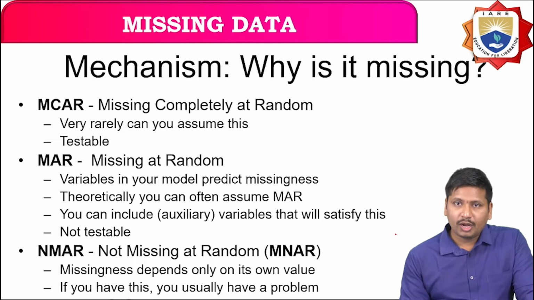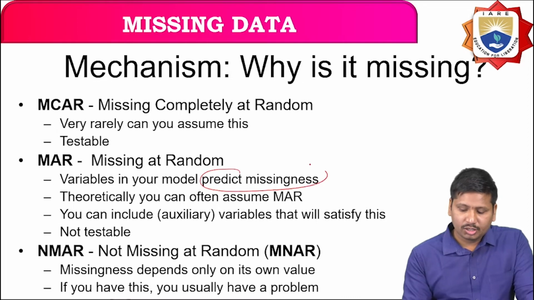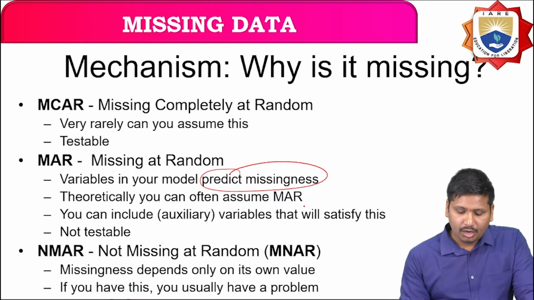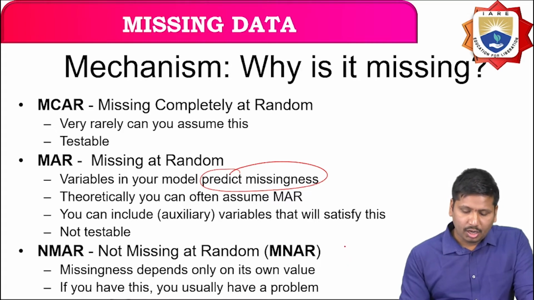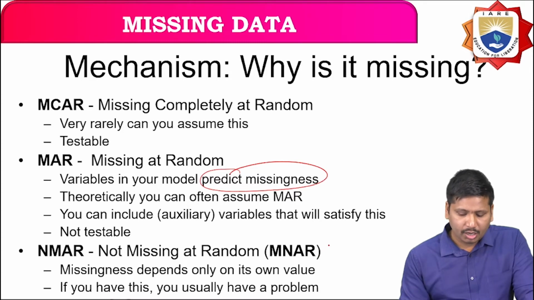MAR is nothing but missing at random. Here we take out the variables of the model, and then we predict what kind of missingness it is, whether it comes under the item non-response method or the unit non-response method. Once we identify it, we theoretically assume MAR, and then we fill in some auxiliary variables which are satisfied and testable. And MNAR is not missing at random, or NMAR, you can call it either.